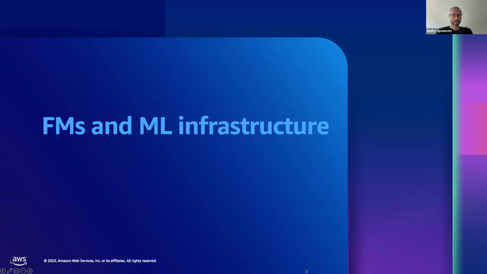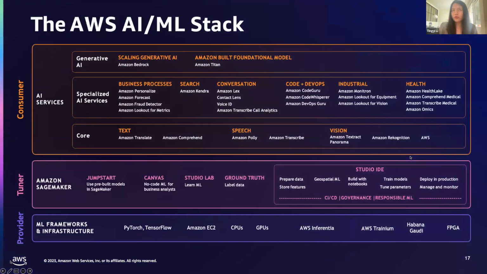All right, perfect. So now let's start with foundation models and machine learning infrastructure, right? I'm going to go through the AWS machine learning stack very quickly, given our time. Maybe some of you are familiar with the AWS AI/ML stack. Essentially, when we design the stack, we have from top to bottom different levels of machine learning offerings.